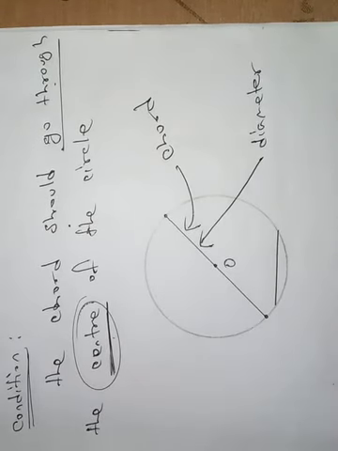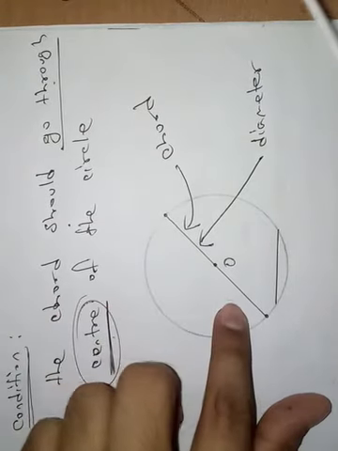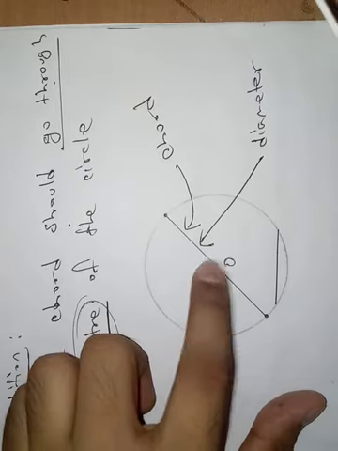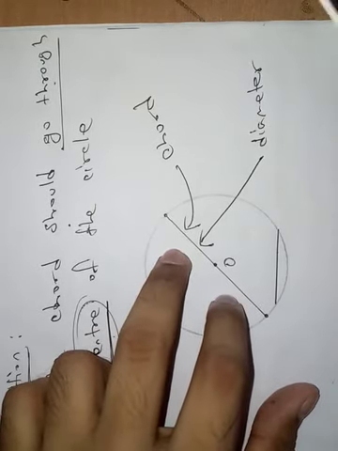Why can we call that chord a diameter? Because this chord is passing through the center. That's why we can call the chord also a diameter.